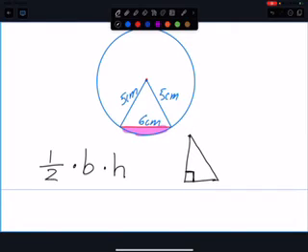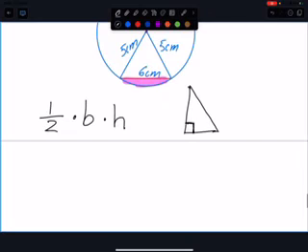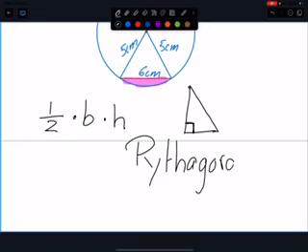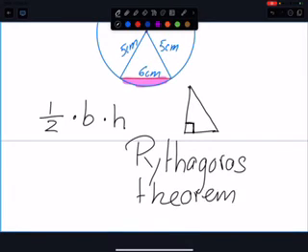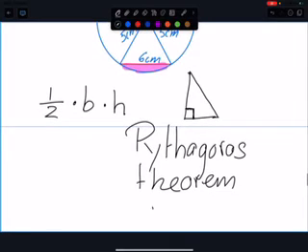And in a right-angled triangle, I can use something our friend Pythagoras invented. It says a squared plus b squared equals c squared.